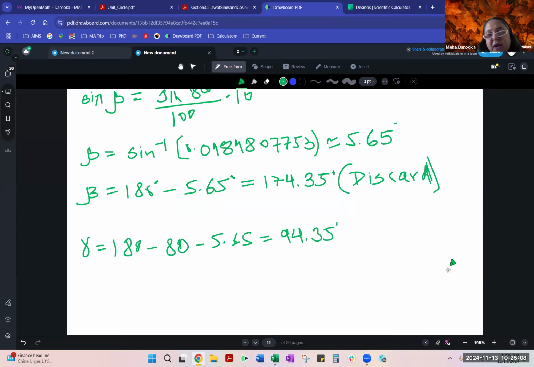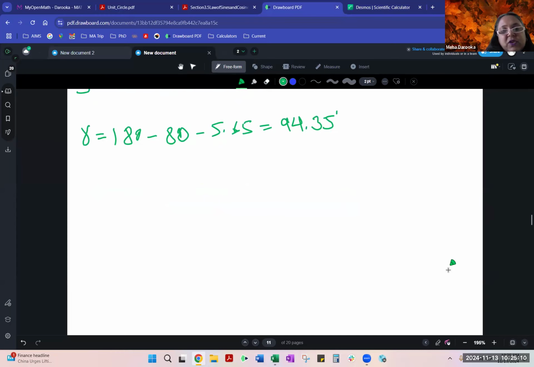Okay, so now that we have our gamma, we can go ahead and find the unknown side C. So again, I'll begin with the known value. So we had sine of 80 degrees over the side A, which was 100.